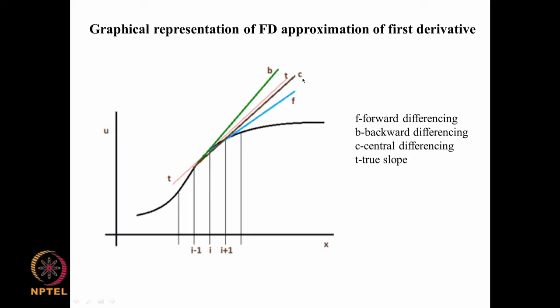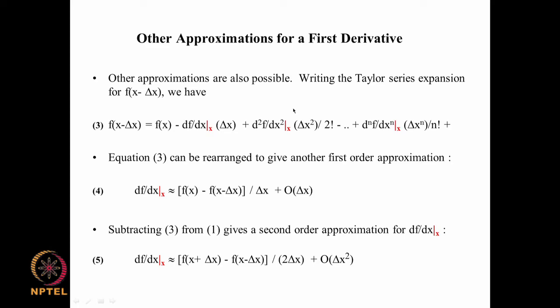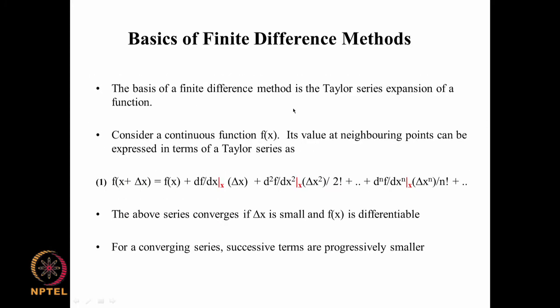This is also an indication of the mathematically derived truncation error, which is of second order accuracy in the case of central, whereas F and B are first order.